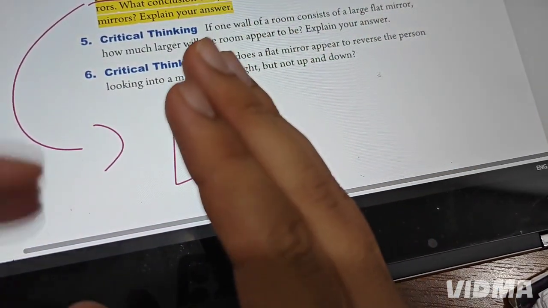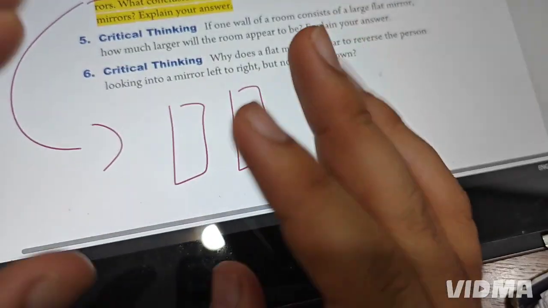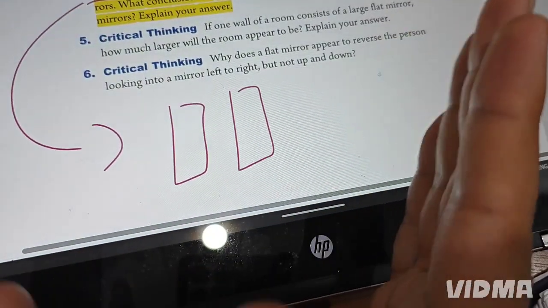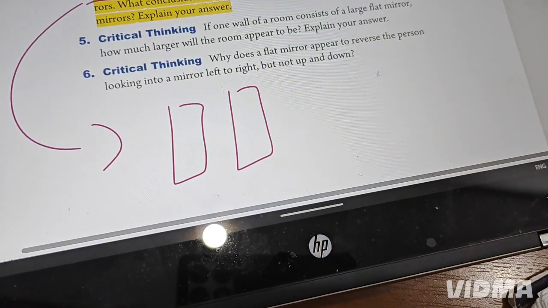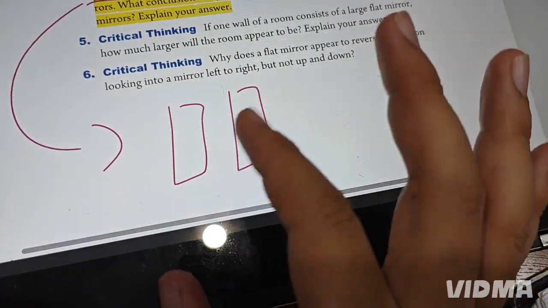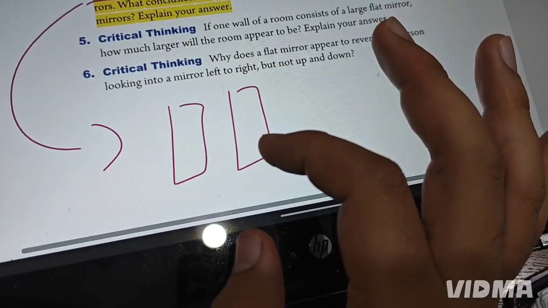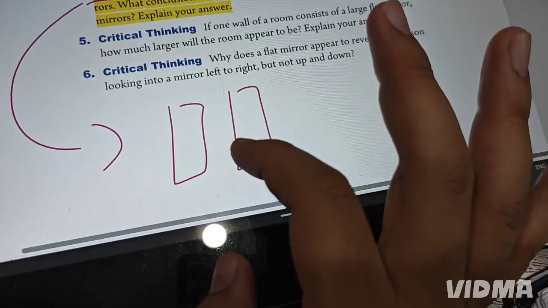Do you remember the previous page, as we studied? If you have two mirrors and the angle between them is 90 degrees, only 3 images are produced by using the rule. But in here the angle between them is zero. You know why?